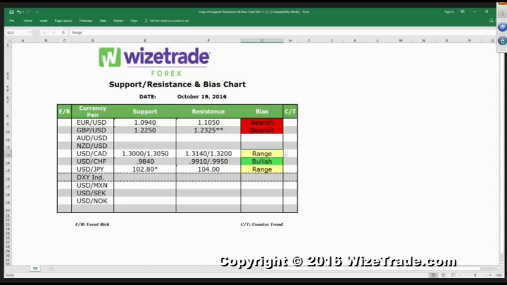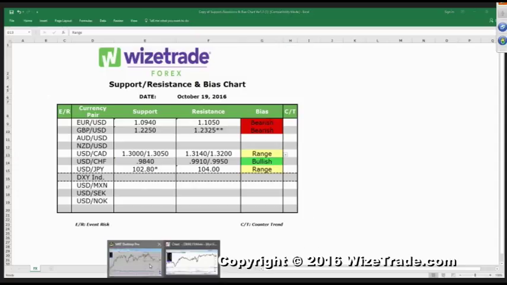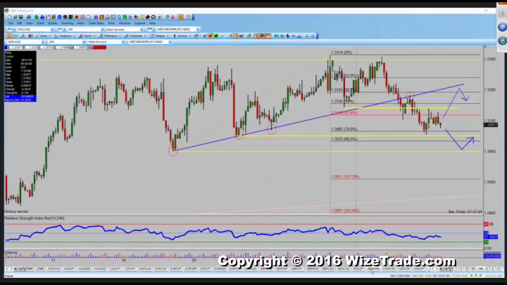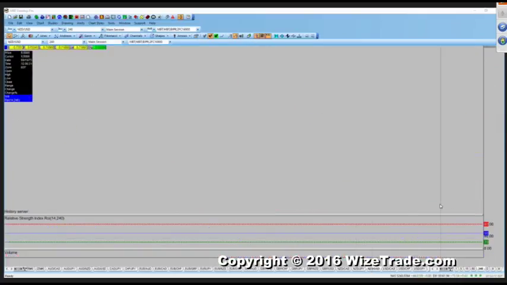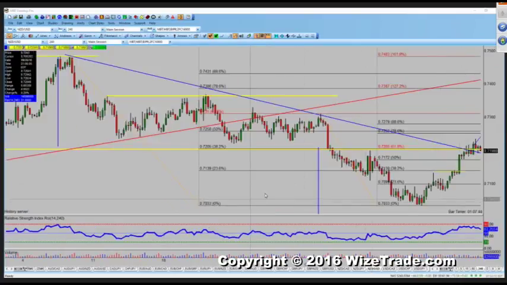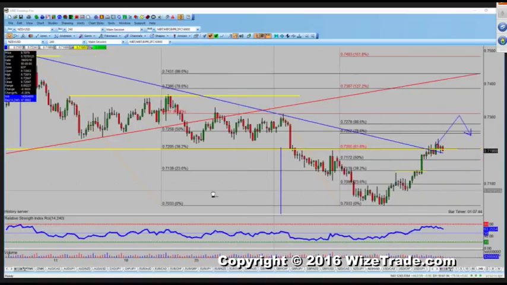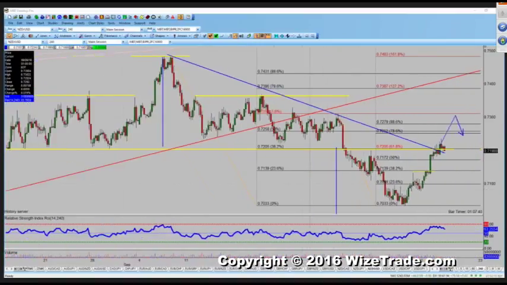Let's do the Kiwi really quick. So the New Zealand dollar, it was making a nice little squeeze in the Asian trade, and if you came in a little bit late, I jumped in our Wise Trade chat room, and I said, don't fall for this move. The Chinese data just came out. I said don't fall for this little spike up here.